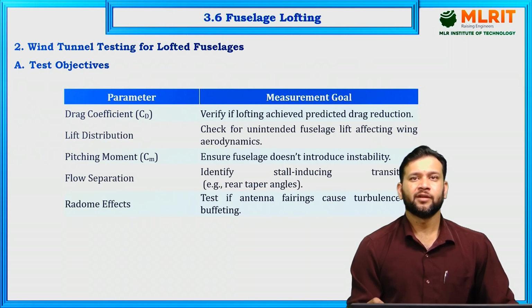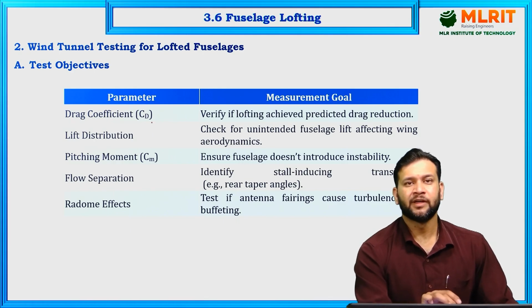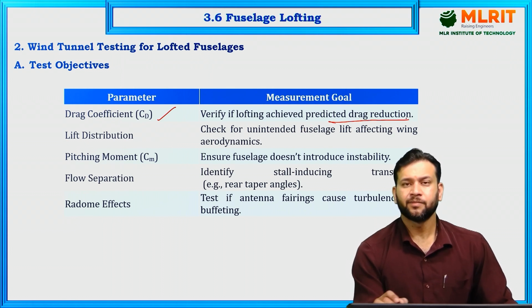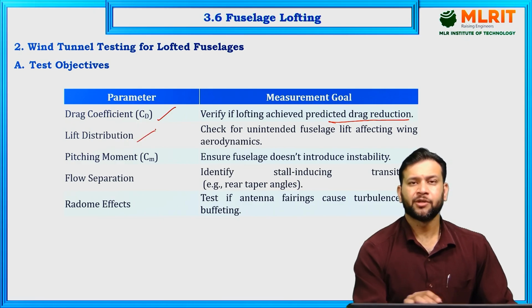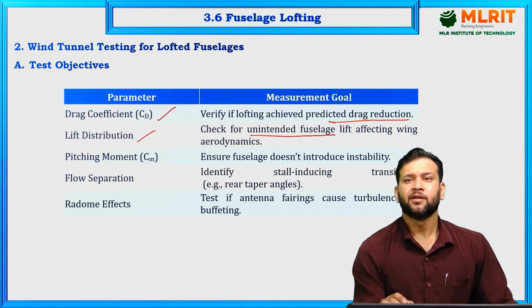Wind tunnel testing for lofted fuselages. The parameters we test are, first, drag coefficient, verifying if lofting achieved the predicted drag reduction. Lift distribution is tested for the fuselage, since lift affects wing aerodynamics.